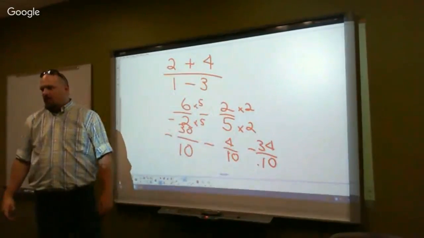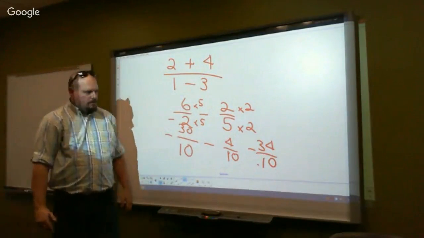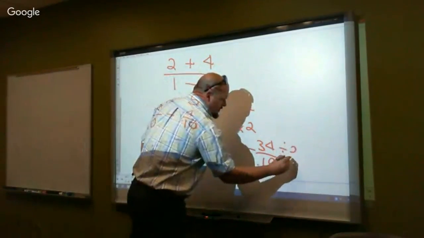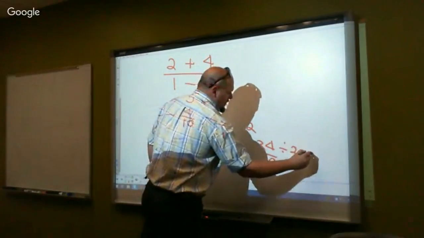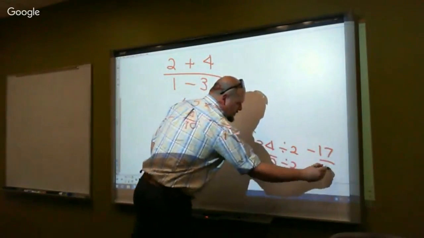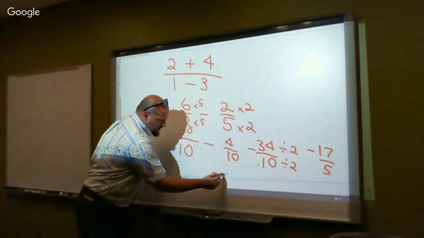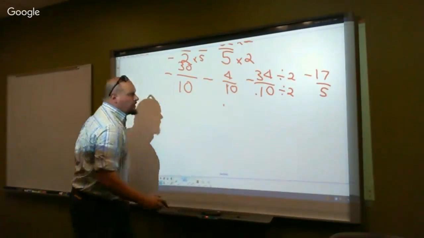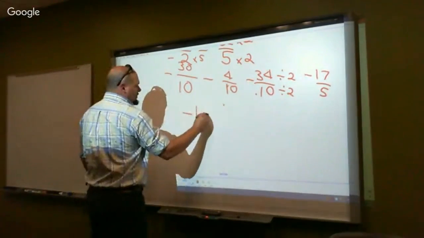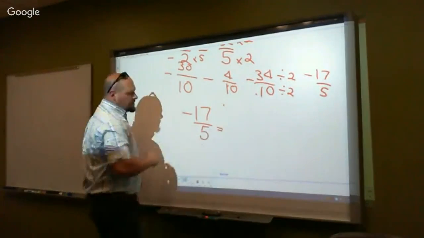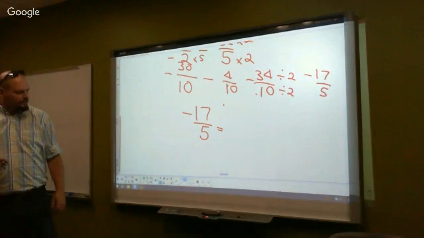Yes, divide by 2 on both sides. So now we have negative 17 fifths. And negative 17 fifths as a mixed number, Priscilla? What's negative 17 fifths as a mixed number?